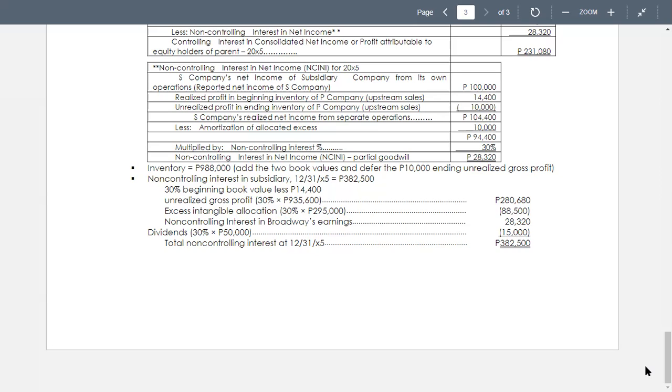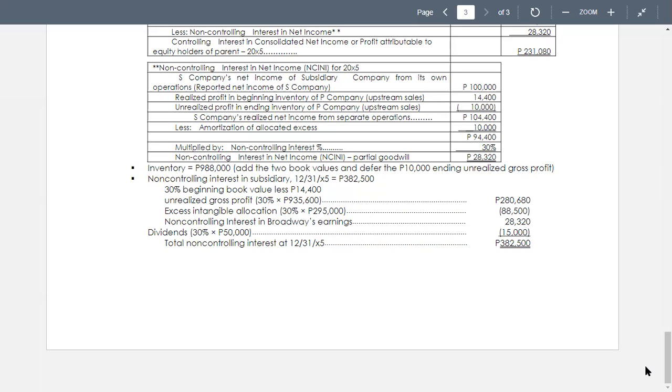Under the equity method, the equity in subsidiary income or the investment income is, we have now a debit of 20,000 for the downstream sale, and we credit 96,000 as a result of multiplying 120,000 times 80%.